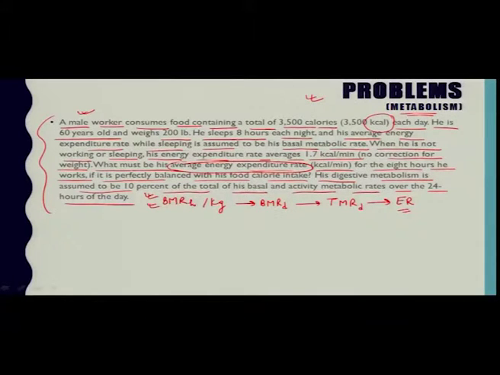So as you may recall that for 20 years old male, BMR per kilogram is 1 kilocalorie per hour per kilogram of the body weight.